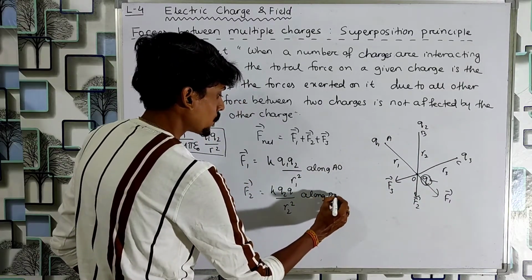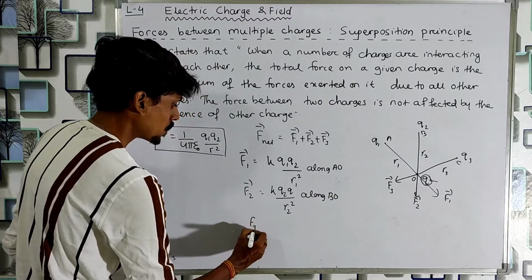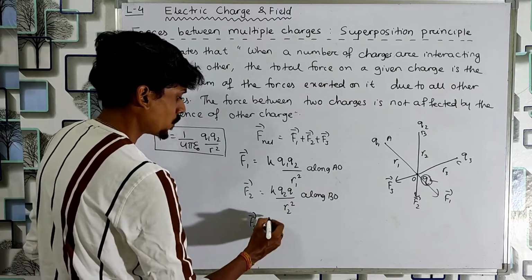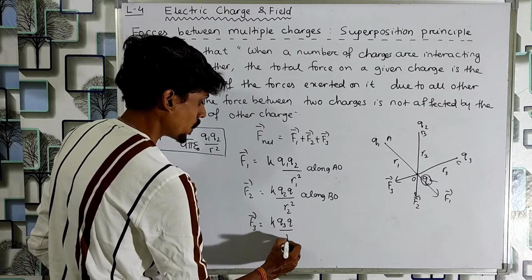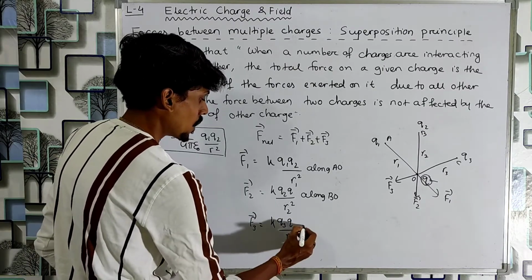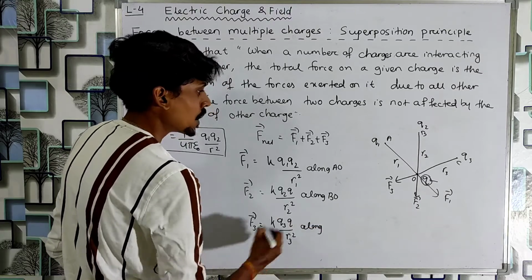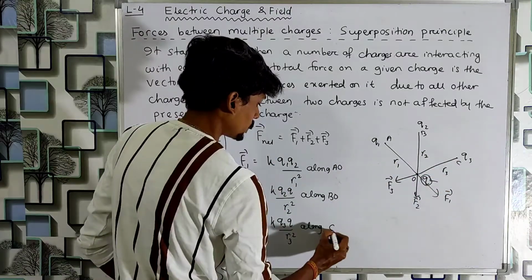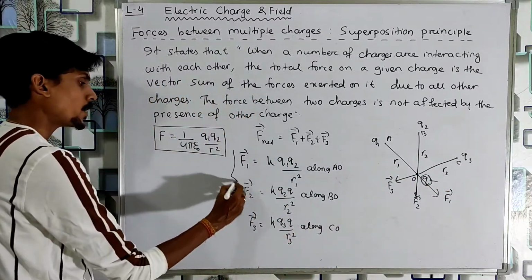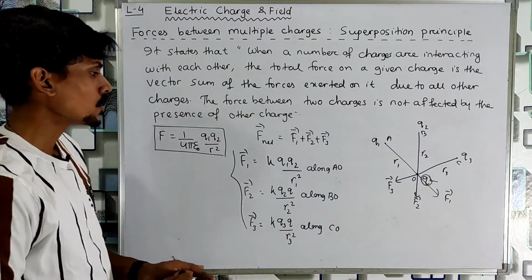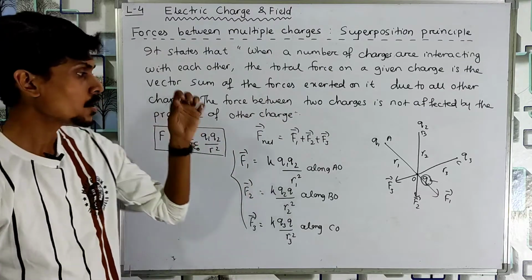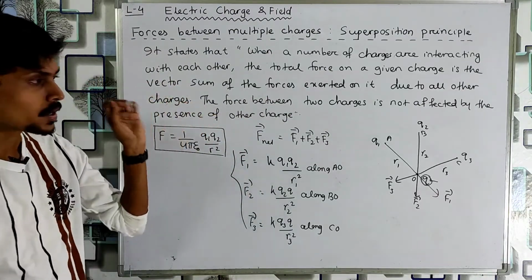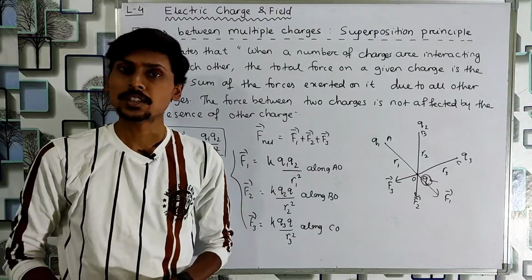So you can write the expression for all the three forces. So F3 vector is equal to K Q3 into Q divided by R3 square, and the direction is along CO. So after writing the values of the three forces, we can add them vectorially to get the resultant force or the total force acting on Q. Is that clear?